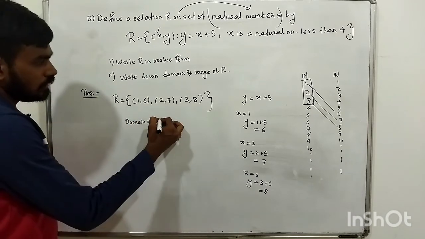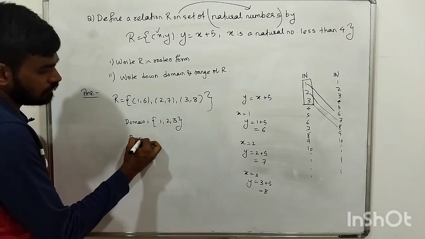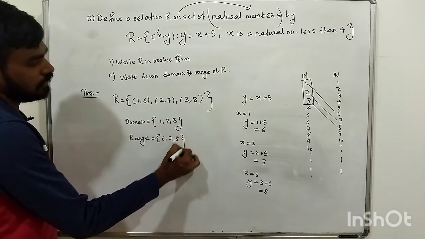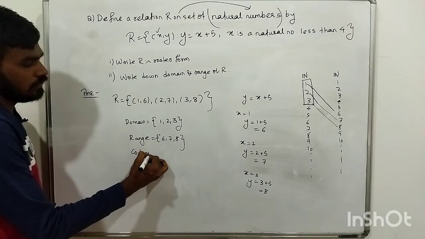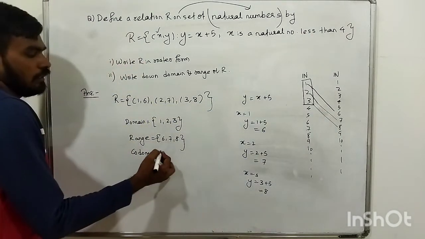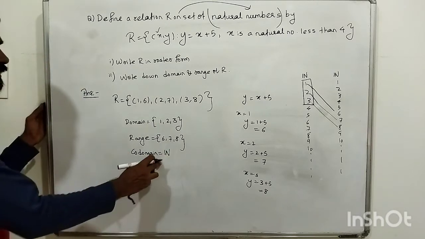Domain will be 1, 2, 3 and range will be 6, 7, 8. And if you ask codomain, it is the set of all natural numbers. Codomain is the entire second set. Understood? This is the symbol for natural numbers. Remember.